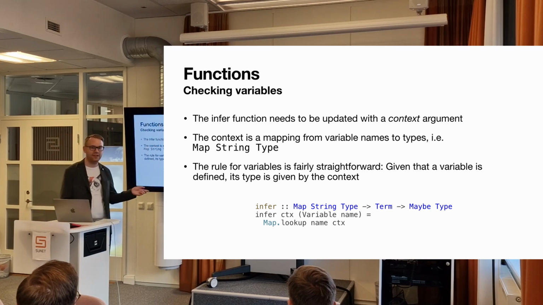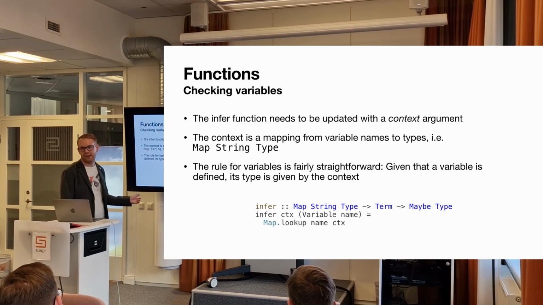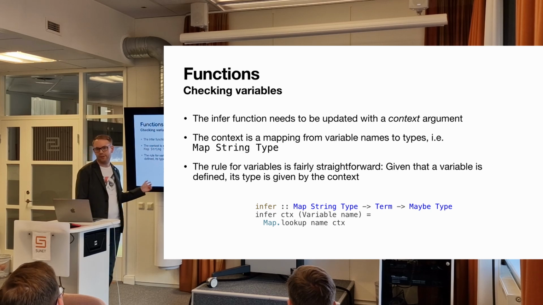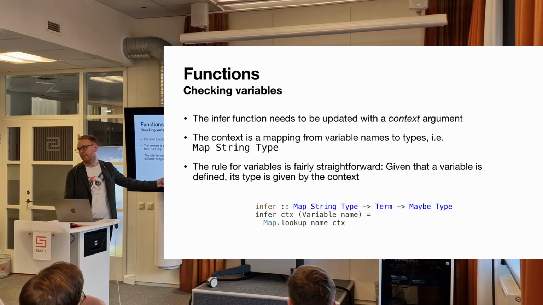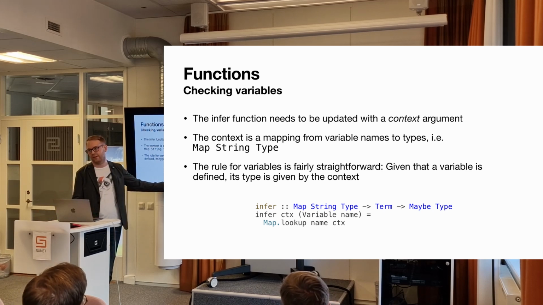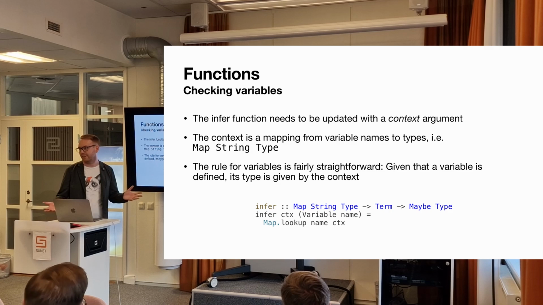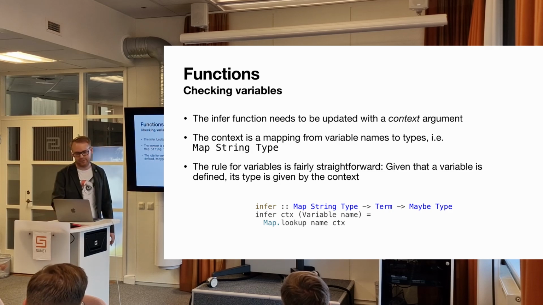Anytime we see an X being mentioned, if we knew that in this context X is a bool type, then we know that X is a bool type. So this is pretty easy. You just look up the name in the context, and if it's an undefined variable, this will return nothing. But if it does find a type, it will return Just and the type.